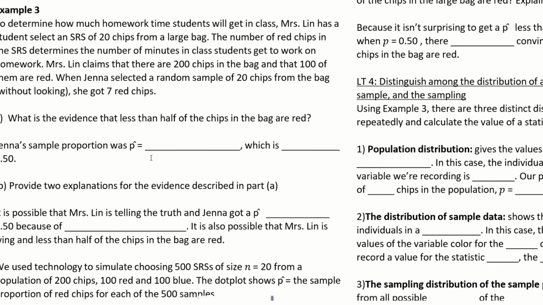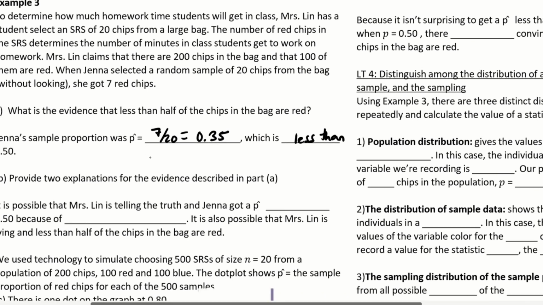So that's our first piece of evidence, from Jenna's sample. Her sample proportion was 7 out of 20, which is 0.35. So that was her p hat, and this is less than 0.50. So that's our first evidence that less than half of the chips in the bag are red.